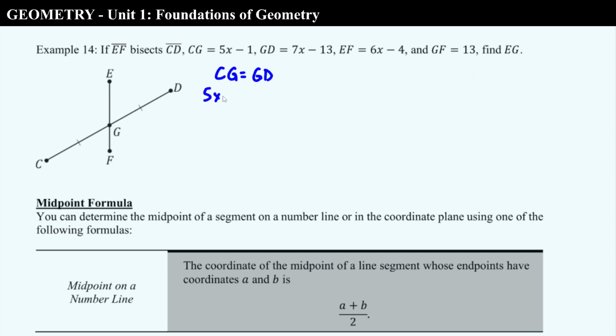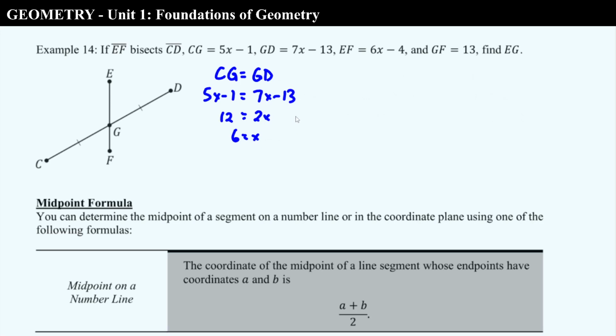So we have 5x minus 1 is equal to 7x minus 13. If we subtract 5x from each side, we get 2x on this side. If we add 13 to each side, we end up with 12 over here. And so x equals 6.